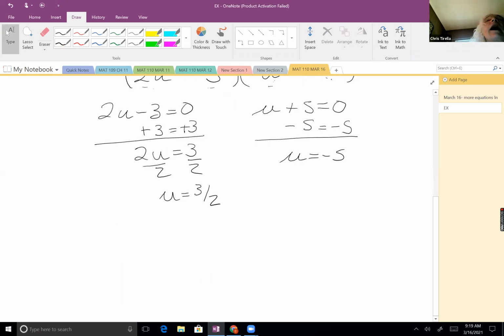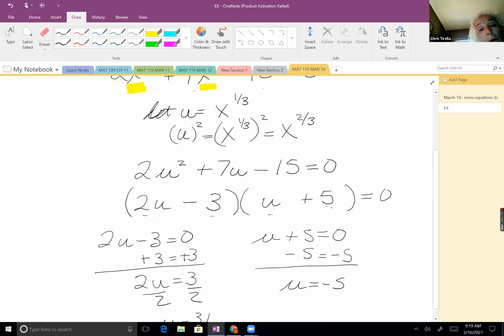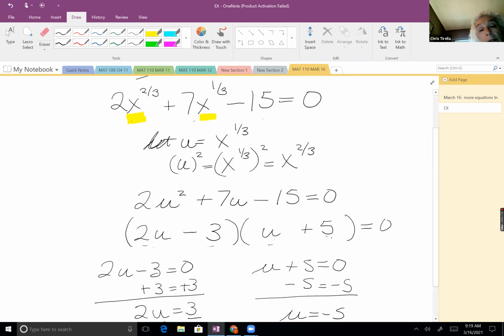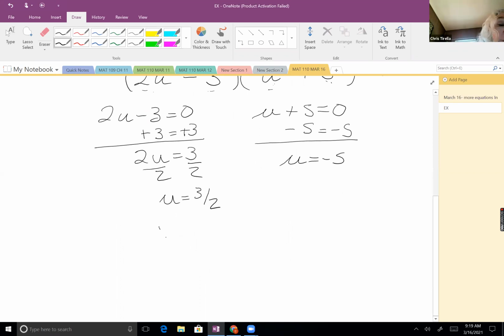But again, I solved for u, and the original problem asks us for x. So going back up, we had said that u is equal to x to the 1/3. So when I substitute, x to the 1/3 equals 3/2, and x to the 1/3 equals -5, we've now got those equations we talked about last week, where we have a rational exponent.